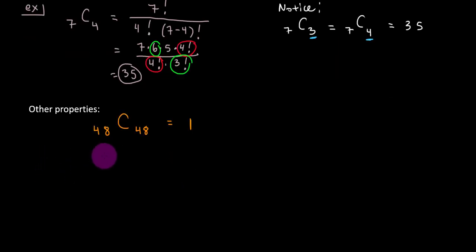What about 48 choose 1? How many groups of 1 are possible from a group of 48? Must be 48. Ooh, wouldn't this also be the same as 48 choose 47? That's kind of cool, huh?